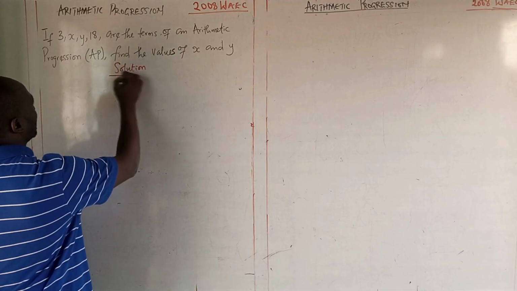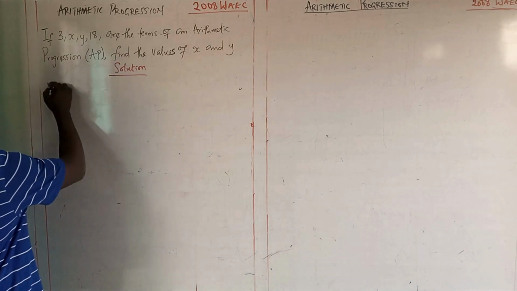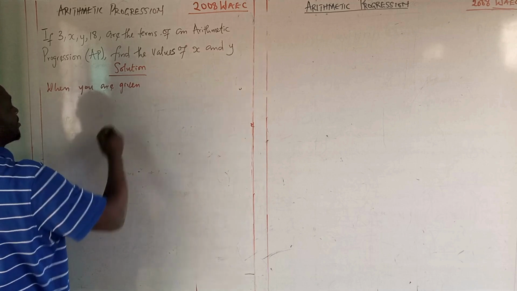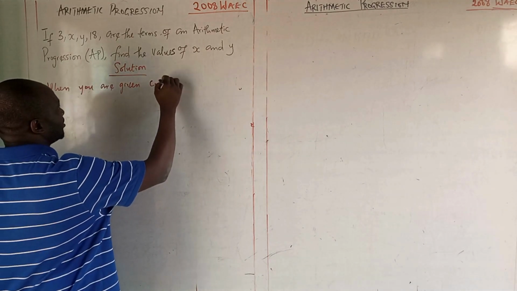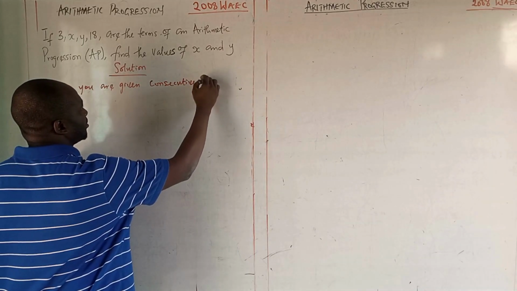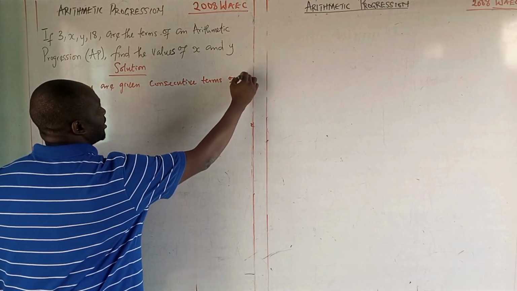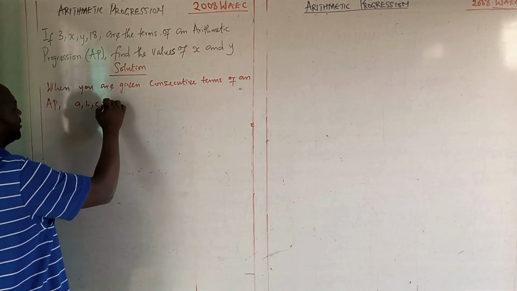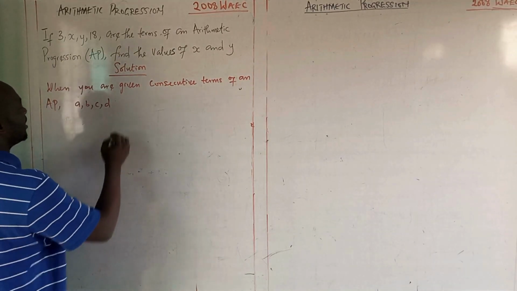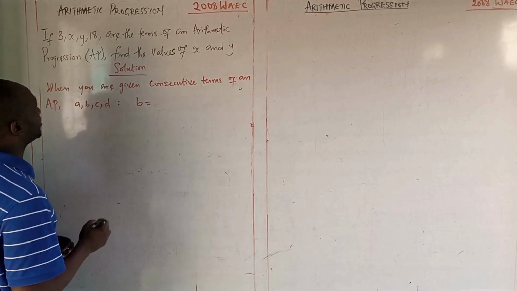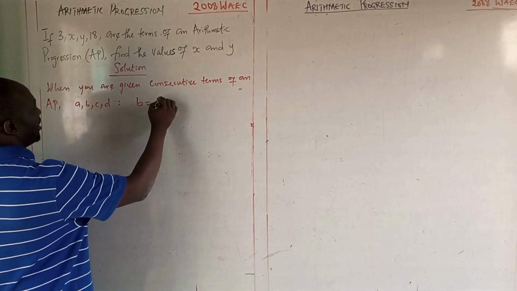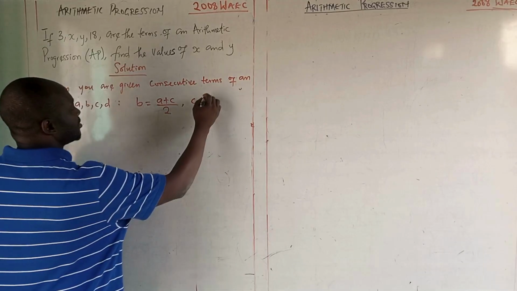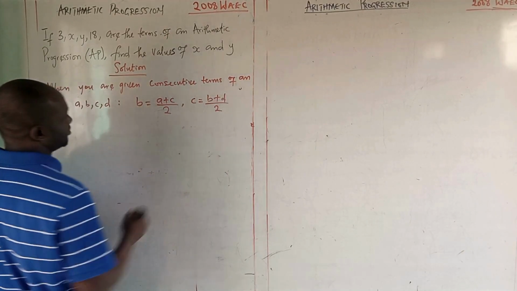First, you need to know that when you're given consecutive terms of an AP, say A, B, C, and D, B equals (A plus C) over 2, and C equals (B plus D) over 2.